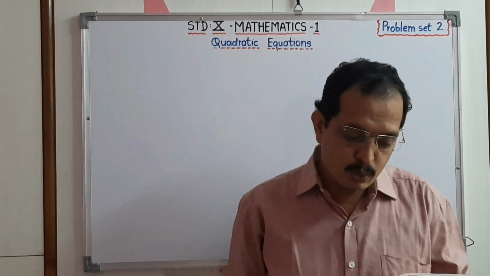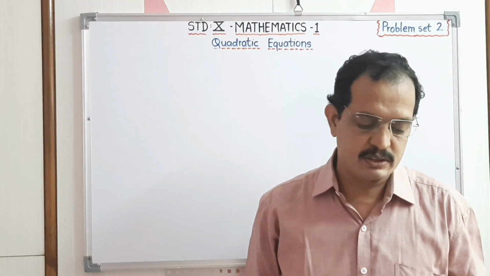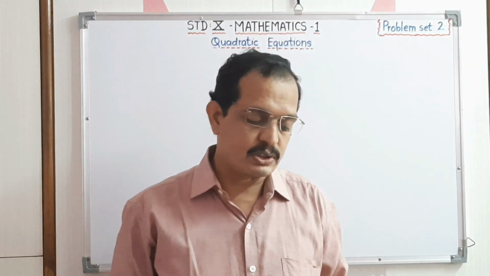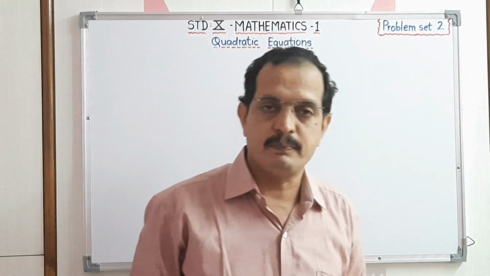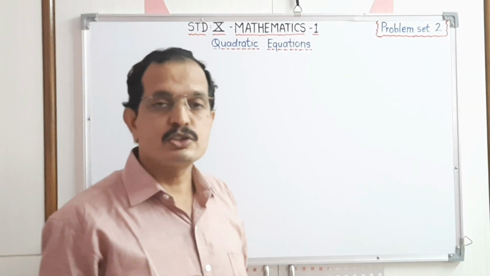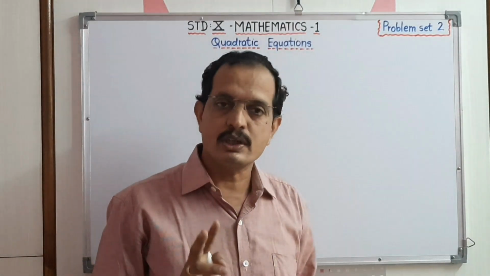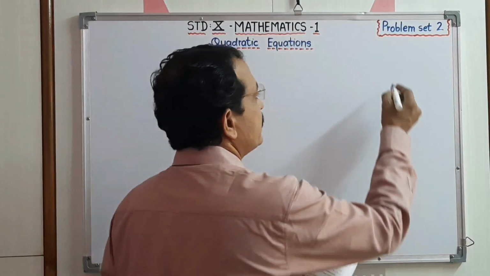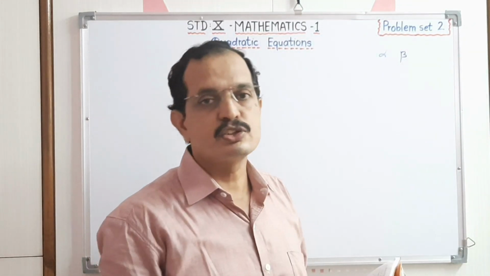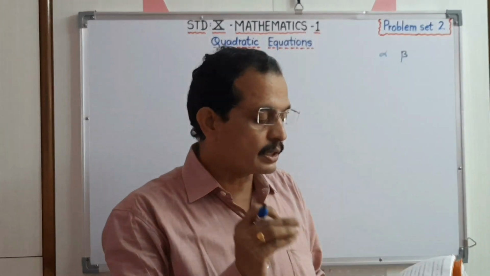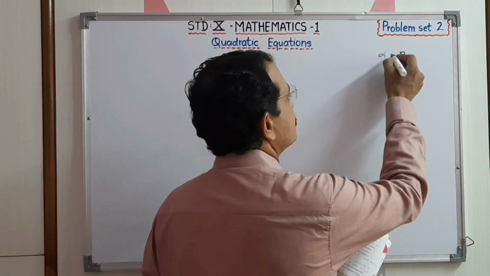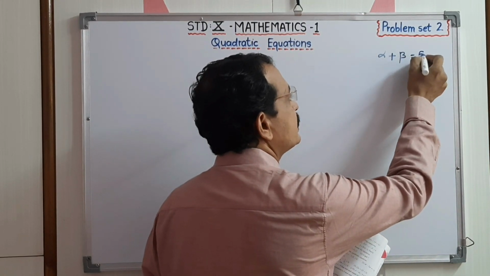The sum of two roots of a quadratic equation is 5. That means there is one quadratic equation, and every quadratic equation has two roots. Suppose we assume they are alpha and beta. The information regarding these roots is given. The sum of the two roots is 5, that means alpha plus beta is equal to 5.